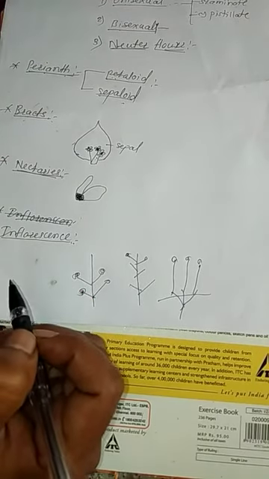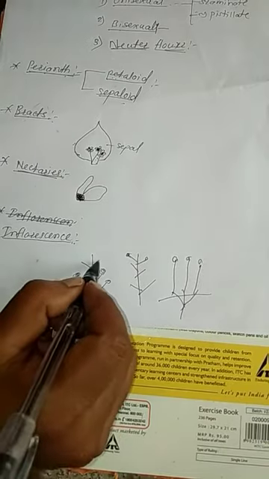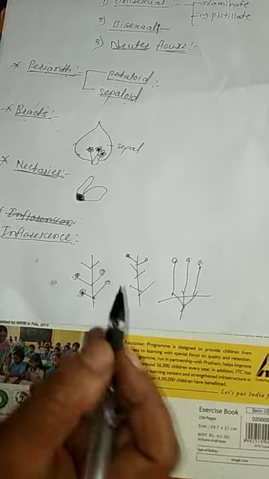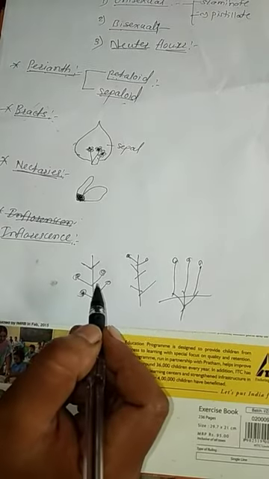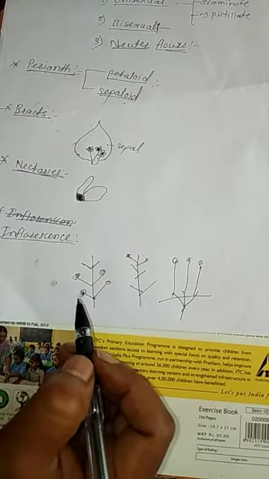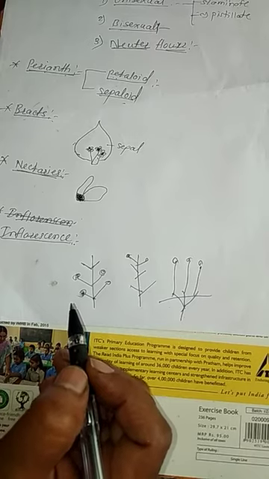Got it student? What is meant by inflorescence? Inflorescence is the mode of arrangement of the flowers on the axis of the plant. Like that, some are axillary, some are single at the apex of the main stem, some are terminal at the apex of the lateral branches.